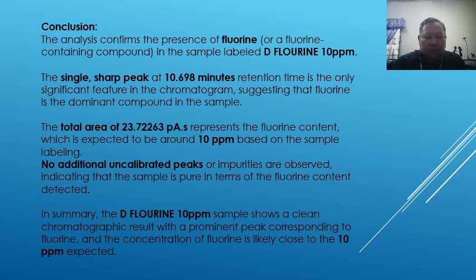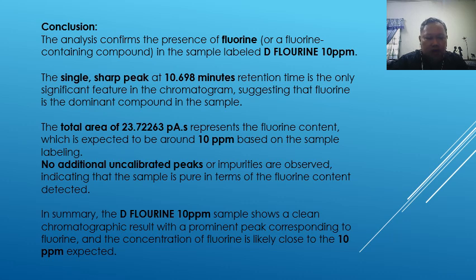The single sharp peak at 10.698 minutes detection time is the only significant feature in the chromatogram, suggesting the fluorine is the dominant compound in the sample. The total area of 23.72263 pA represents the fluorine content, which is expected to be around 10 ppm based on the sample labeling.